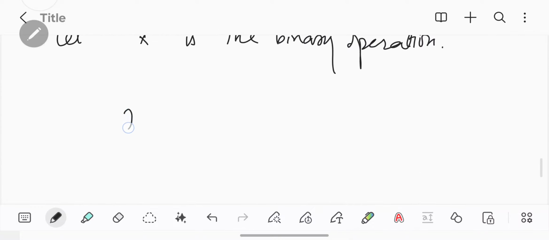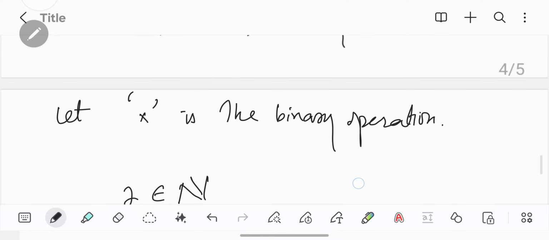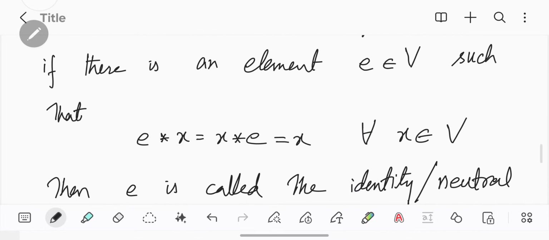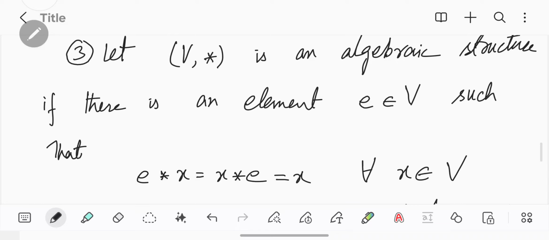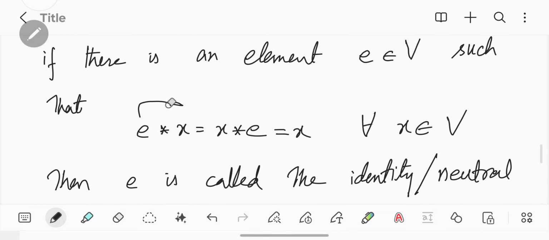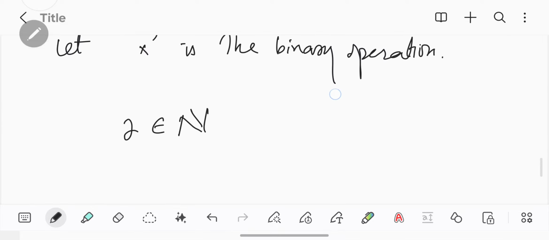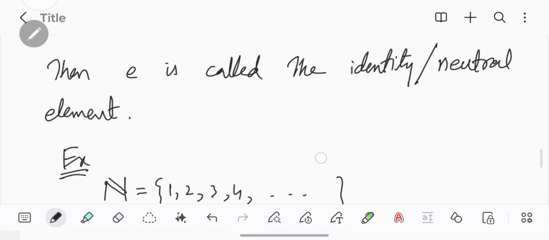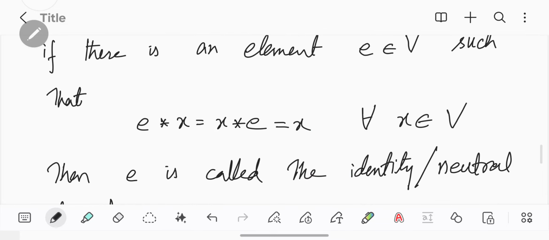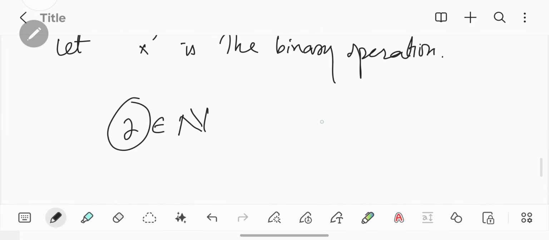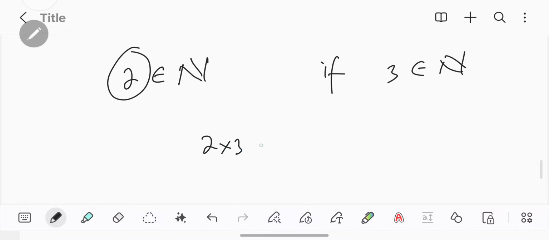For example, 2 is in the set of natural numbers, right? But the identity is such an element that if you multiply the identity with anyone, you will get that element back. For example, 2 is not satisfying this property. Why? If you take, for example, 3 from N, then what is 2 times 3? Are you getting back 3?